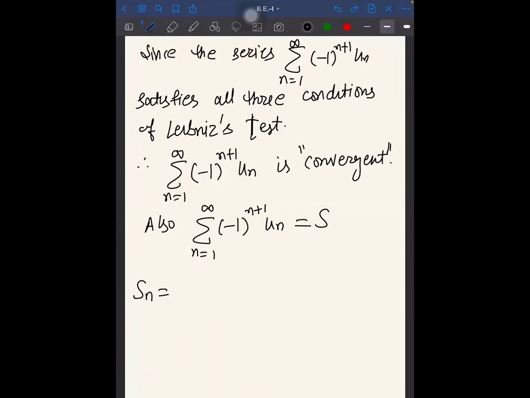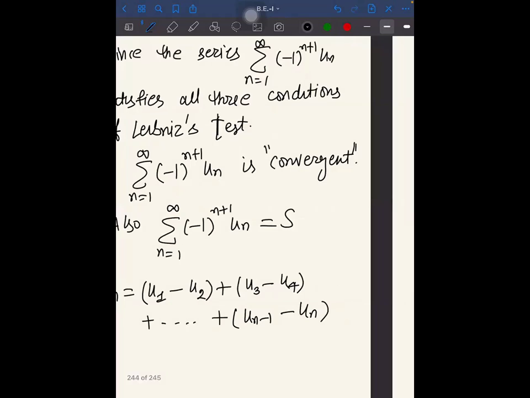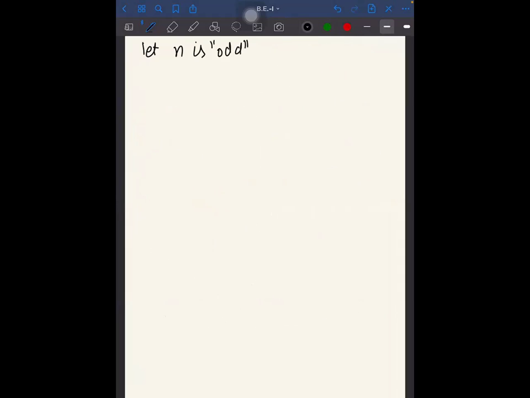So your Sn is u1 minus u2 plus u3 minus u4. This is the same expression which we have written yesterday. Okay, so this is your Sn. Now again we're going to do the same thing. One time we'll take the odd number of terms, then we'll take the even number of terms. So first of all, let n be odd. Why I am taking these two cases, I'll discuss in the last section of the proof.